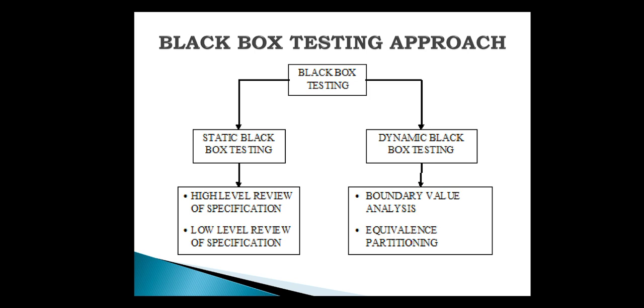While doing execution, you need to test the application under black box. What approaches do you apply at the time of executing an application? First one is boundary value analysis, and second one is equivalence partitioning. We will also see this further.